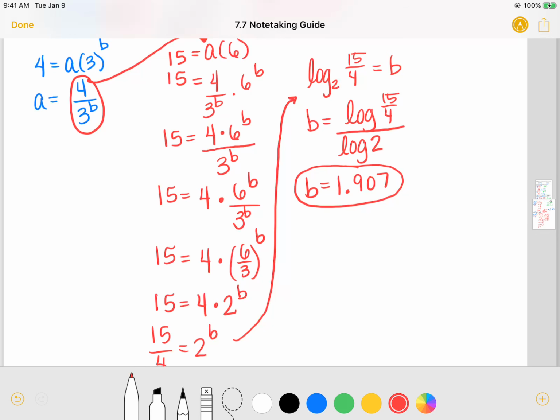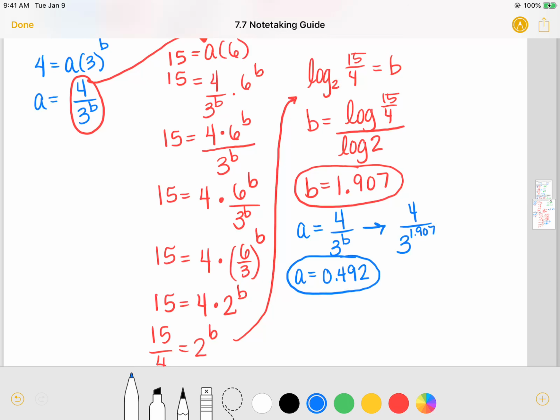So we know that a is equal to 4 over 3 to the b. And we now know that b is 1.907. So we're going to plug in 4 over 3 raised to the 1.907. And that's going to give us a value for a that is approximately 0.492. So there is our value for a.